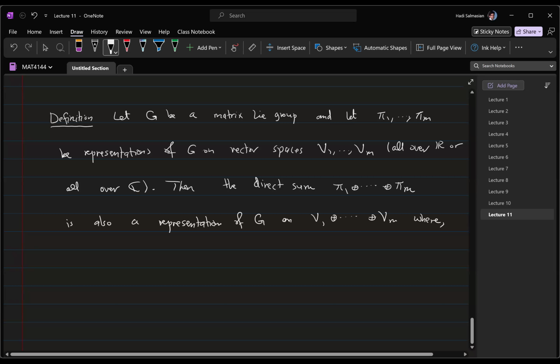on the vector space V1 plus up to Vm, the direct sum of the vector spaces, where pi 1 plus up to pi m of g acts as an operator on the direct sum. It should act on a vector which is the direct sum of components.